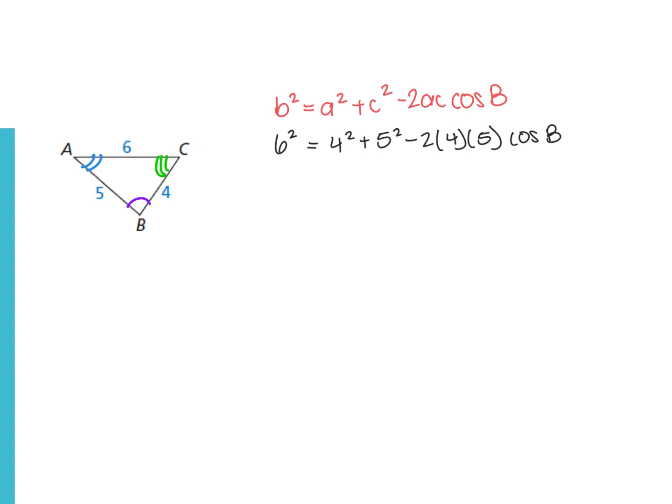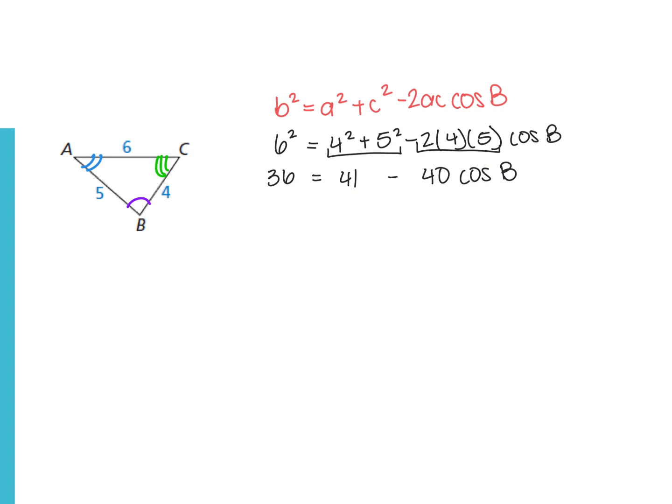Do it in steps. 6 squared is 36 equals, solving this first, I'm going to get 41 minus 40 cosine B. Please be aware, that's 40 times cosine B, so I cannot subtract 41 minus 40. I cannot do that because it's 40 times cosine B.